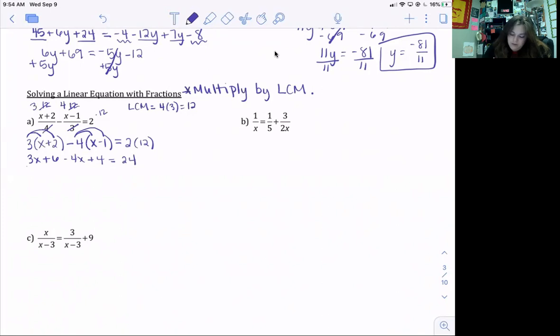Combine like terms. 3x minus 4x is a negative x, or a negative 1x, however you want to write it. 6 plus 4 gives us 10. That equals 24. We're going to subtract 10 so we can get our variable by itself. So negative x equals 24 minus 10 is 14. So if a negative x equals 14, we know a positive x equals a negative 14.